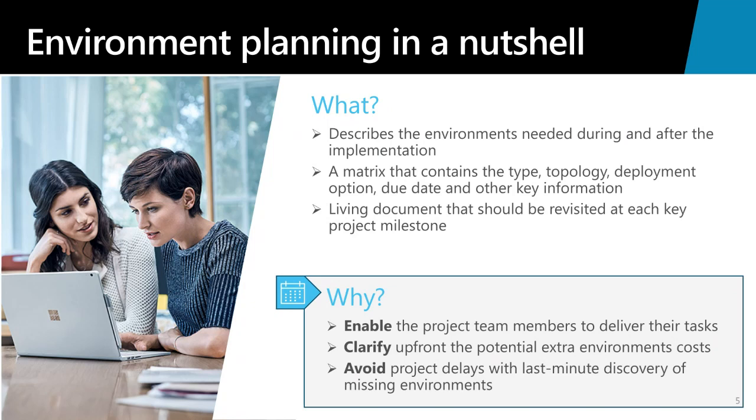That environment plan should be a matrix that contains the type, the topology, the deployment options, due dates, and other key information. That might be things like the responsible person, the dates that it's required to deploy, and when it can be turned off. It's important to note that your environment plan is a living document, and it should be revisited at each of your key project milestones.